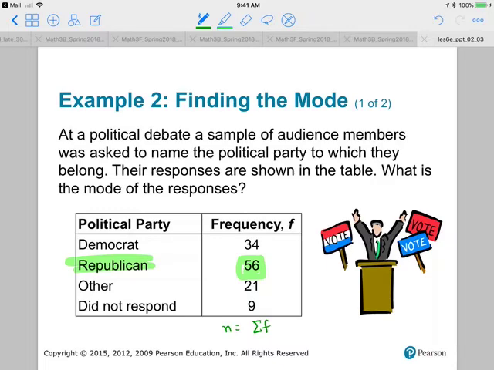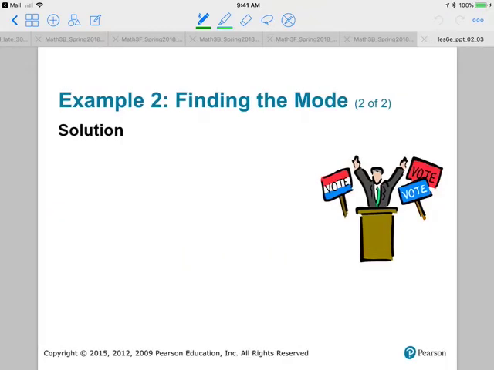So we would need to add up 34 plus 56 plus 21 plus 9, which is 120. So out of 120 people that voted, 56 said that Republican best represents them. No other political party was more popular than the Republican political party. So the mode is Republican.